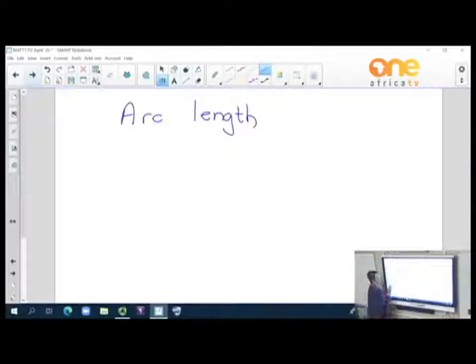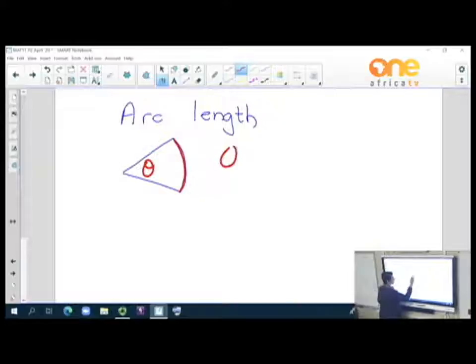Okay, so the arc length, what we do, so you have this part looking like this. And what we want to calculate is that arc length. That's the arc. Now, this is called the angle theta. We use that angle to calculate it. So the formula is theta.